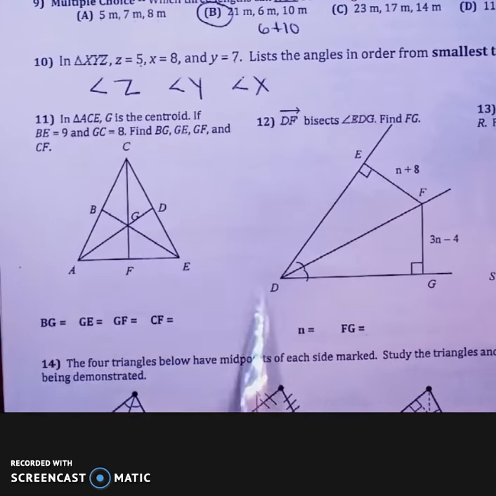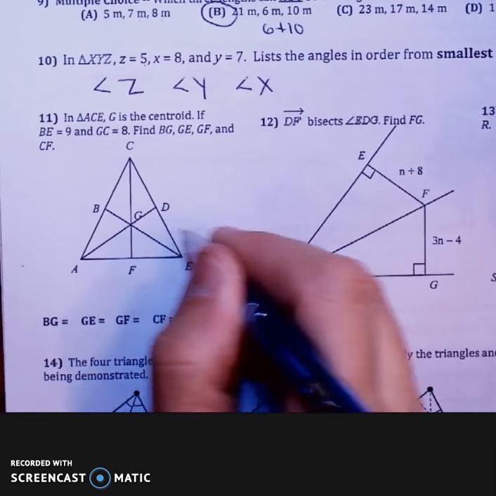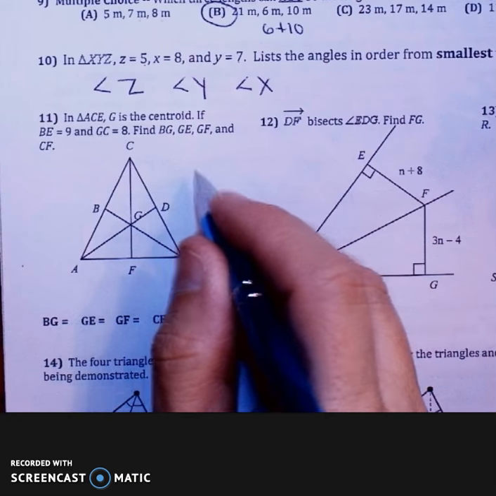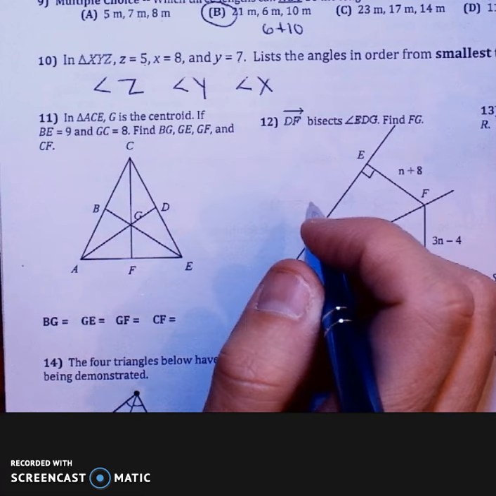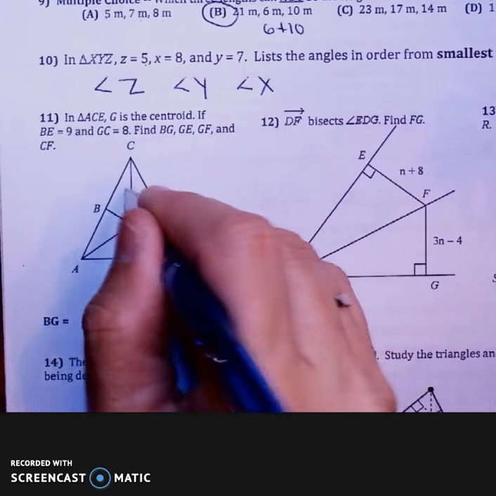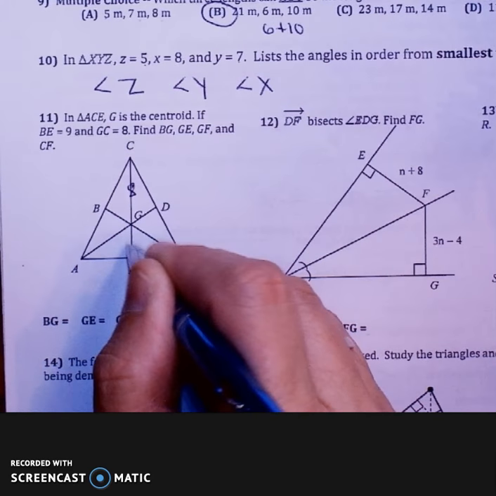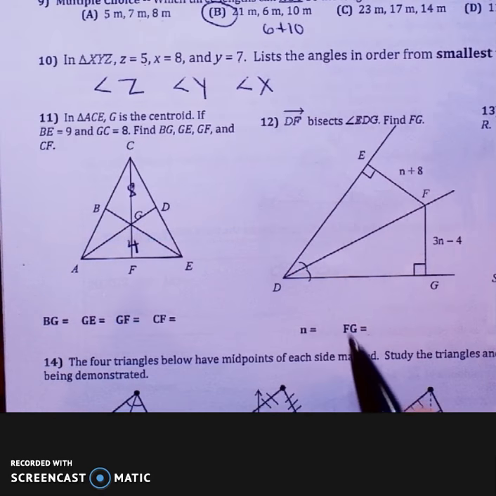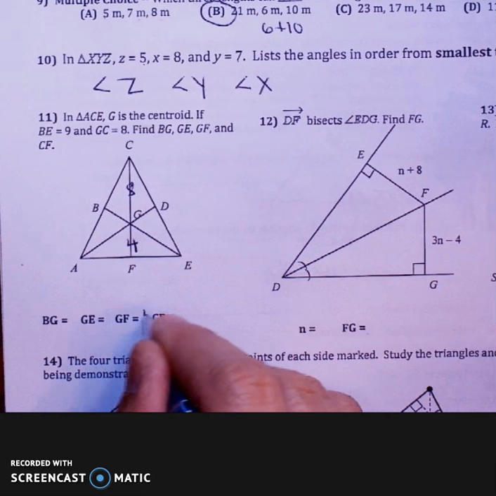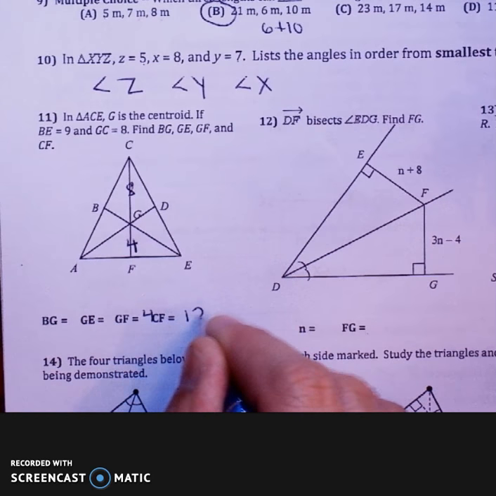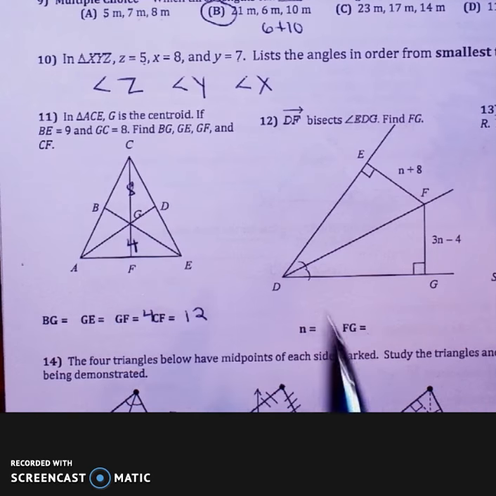For 11, we have BE is equal to 9, we have GC is equal to 8, and there's a couple things we have to find. So if GC is equal to 8, remember this part is twice this part, which means this piece would be 4. So we know GF is 4, and CF would be 4 plus 8, which is 12.